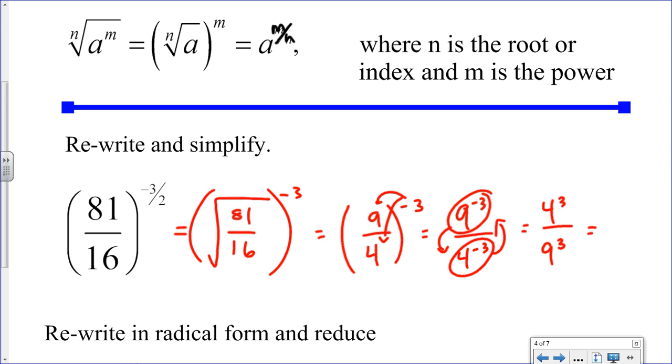Four cubed is 64, and 9 cubed is 729. 4 over 9 didn't reduce, so 4 cubed over 9 cubed wouldn't reduce either.